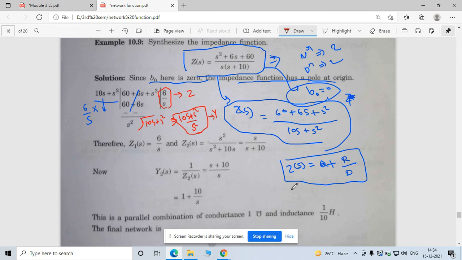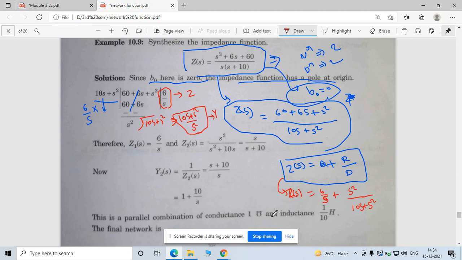So the equation for Z of s is the quotient 6 by s plus the remainder, or take the reciprocal of this, which is s square divided by 10s plus s square. Both are the same.